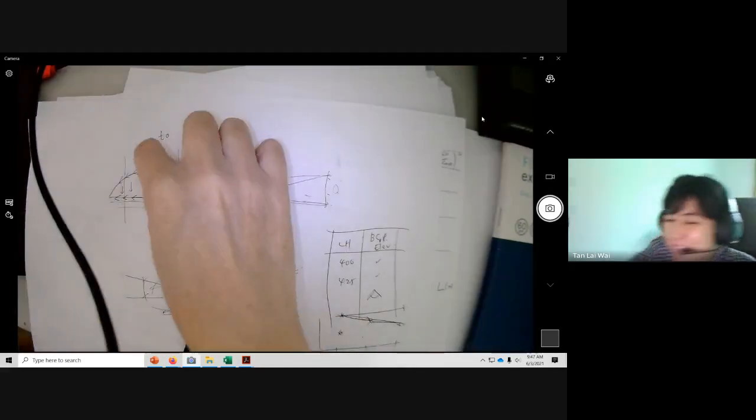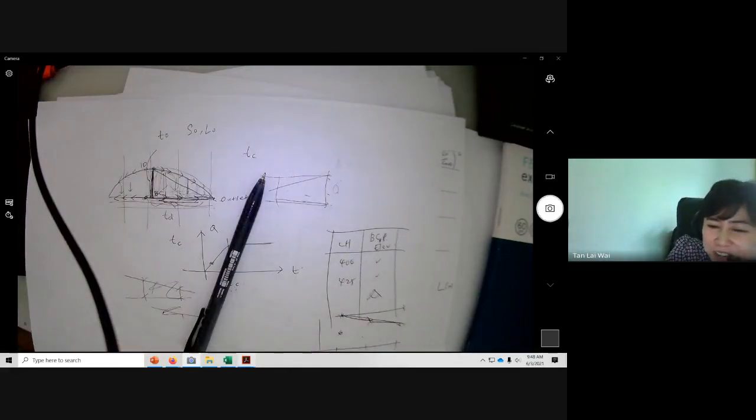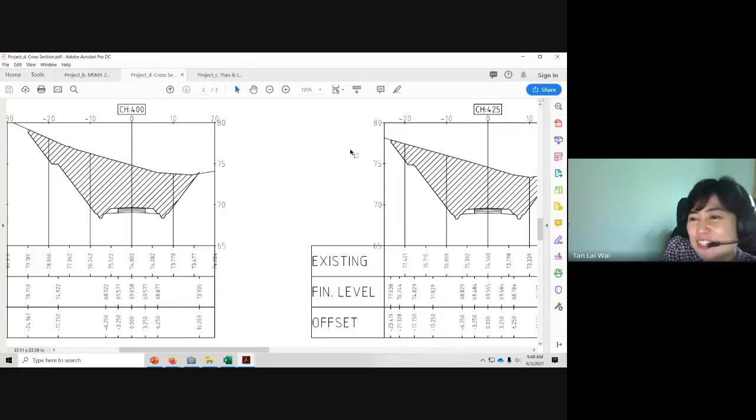I boleh tengok dekat pandangan plan ataupun kalau cross section tadi, kalau lah yang L0 yang nak masuk ni kan, chainage 400 ni kan, boleh tak saya dapatkan jarak ni? Sebab jarak di mana run off mengalir ialah menerusi tebing ni kan, kecerunan ni kan.